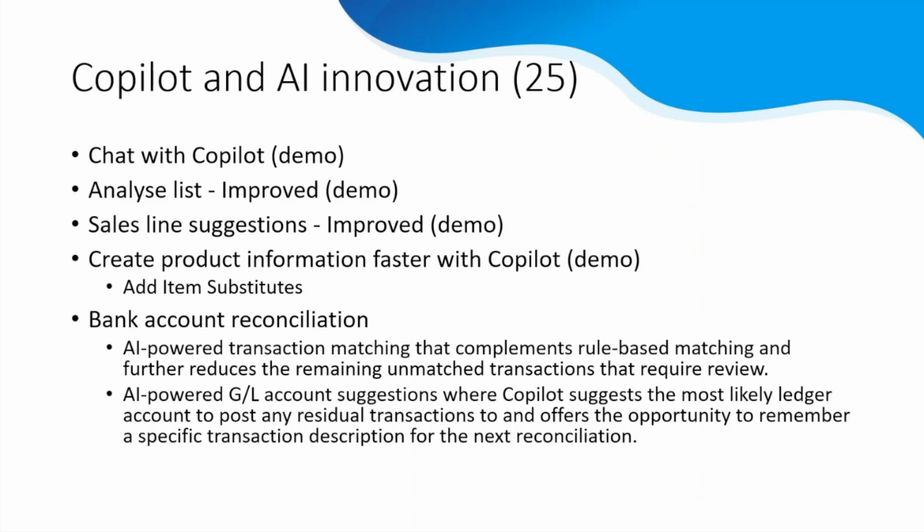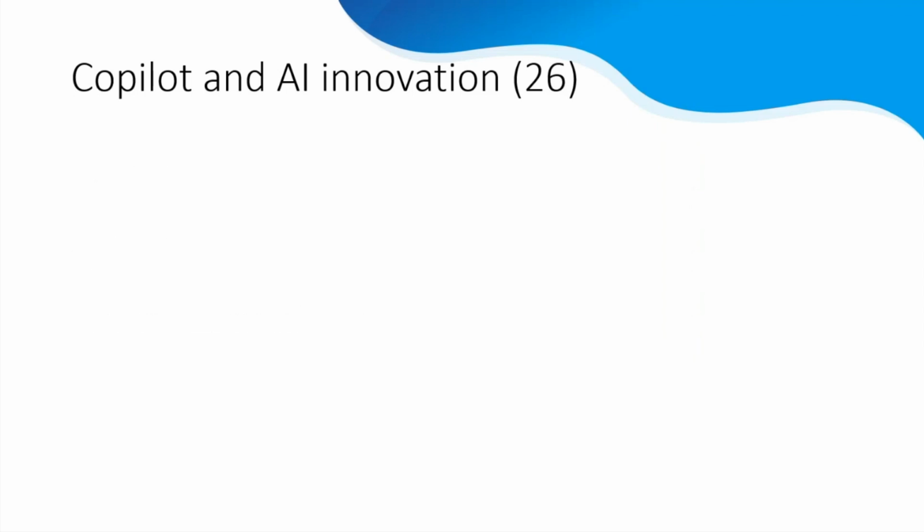Good. So that's version 25. Quickly on version 26, we have the autofill with Copilot functionality, which I'll show you shortly as well. On the specific item or customer card, you don't have to fill in all the fields yourself. You can use the autofill function by Copilot.